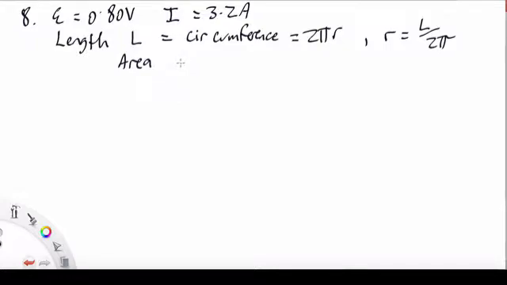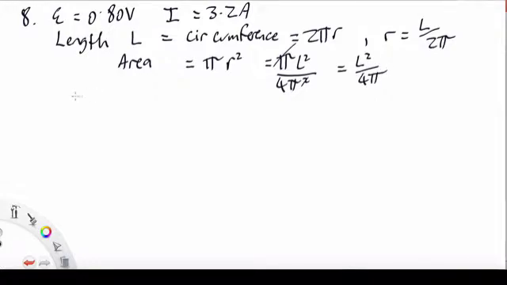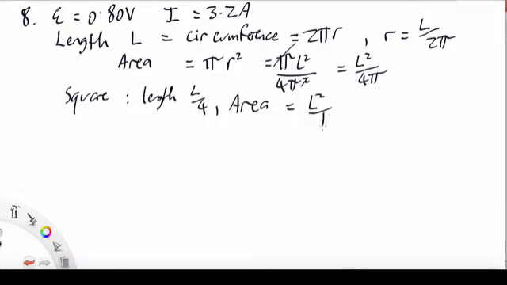Then the area equals pi r squared, which is pi L squared over 4 pi squared. That cancels. We are left with L squared over 4 pi. Now for the square, the length of each side is L over 4, so the area equals L squared over 16.